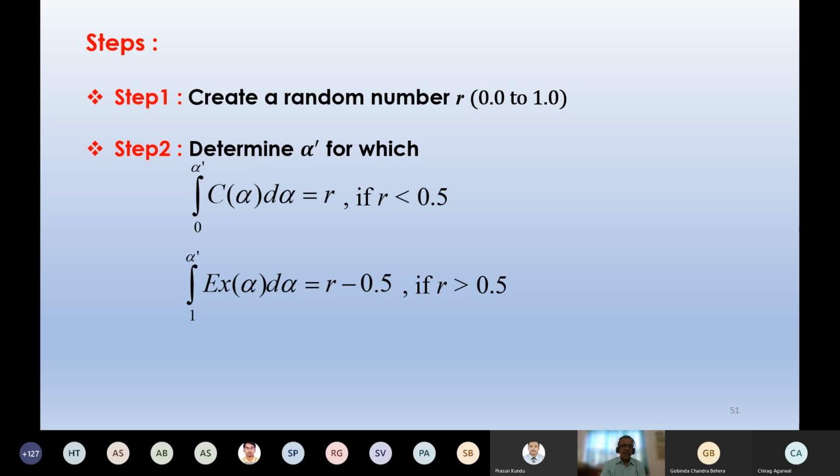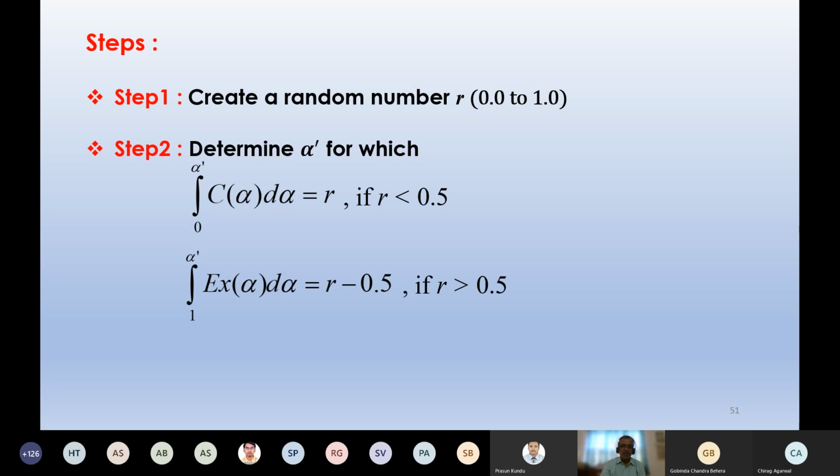Step two: determine alpha prime. What is alpha? Alpha is the spread factor. What is alpha prime? A special value of alpha for which the integration from 0 to alpha prime of C(alpha) d alpha becomes equal to R. What is R? R is nothing but the random value generated between 0.0 and 1.0.